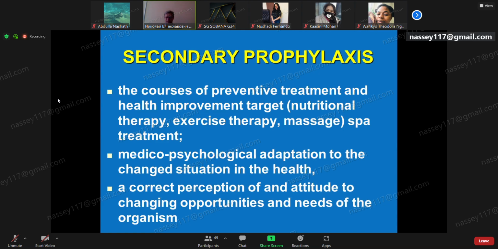Next is a correct perception of and attitude to the changing opportunities and needs of the organism. For example, we can add to the diet more vitamins, more fresh fruits and vegetables in the early spring period, such as in March.